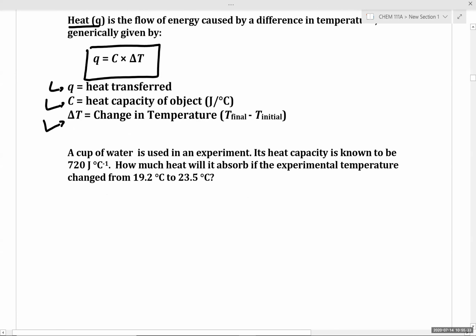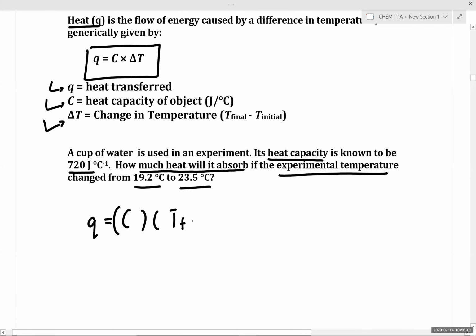Suppose we're looking at an experiment where a cup of water has a heat capacity of 720 joule per degree Celsius. How much heat will it absorb if the experimental temperature is changed from 19.2 to 23.5 degrees Celsius? Using our equation, Q is equal to C times T final minus T initial.